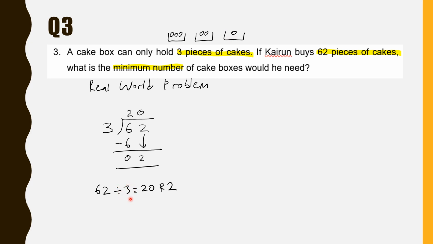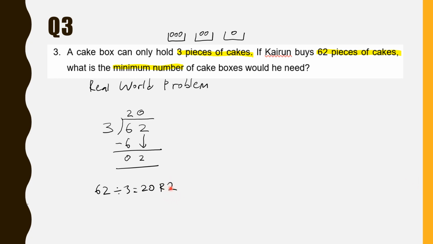This is the total number of cakes. That means this 20 over here is the number of boxes that has 3 pieces of cakes in them. I repeat, this 20 refers to the number of cake boxes that have 3 pieces of cakes in each of them.